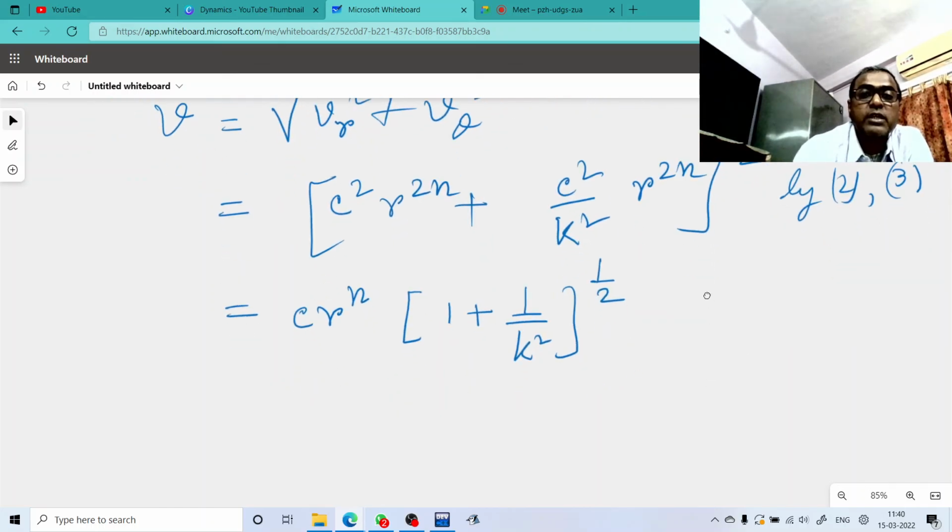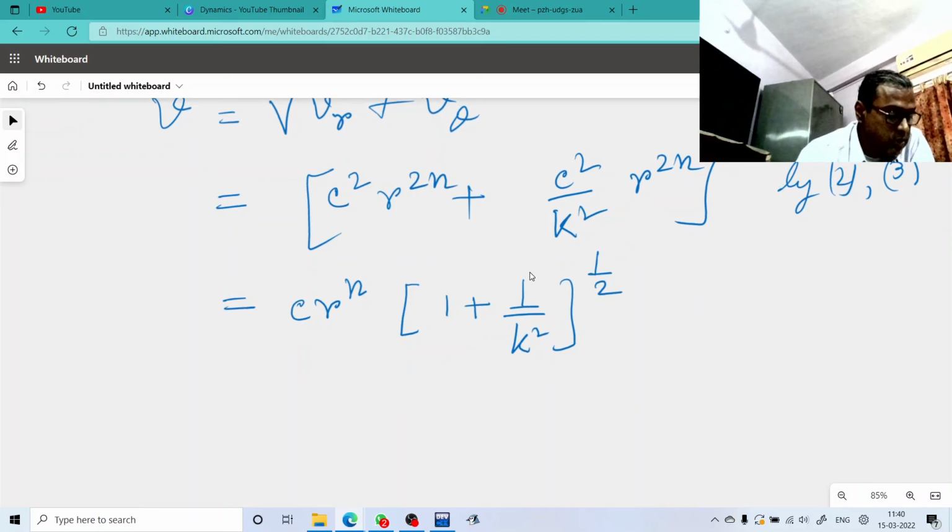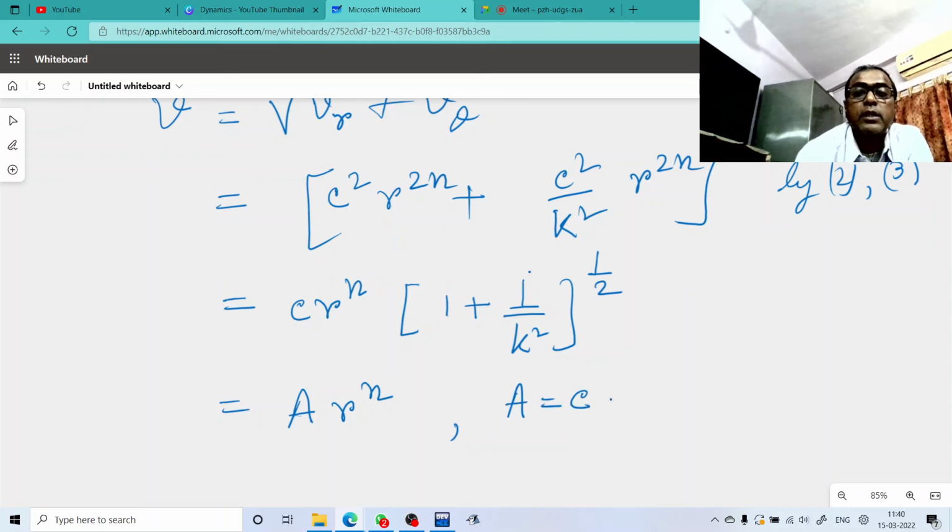This k is constant, so this term is constant, called capital A, into r to the power n, where capital A equals c into (1 plus 1 by k square) whole to the power half, a constant.